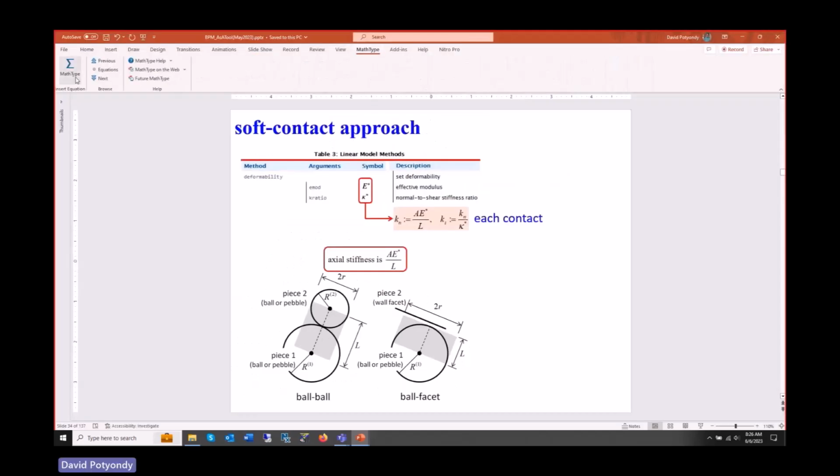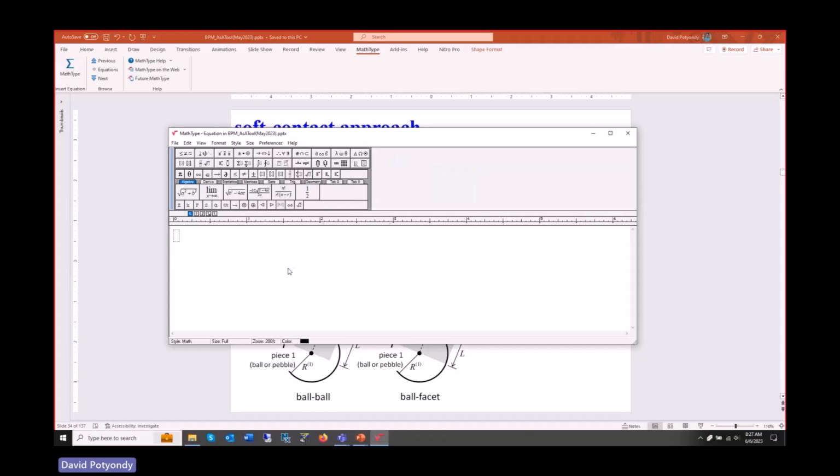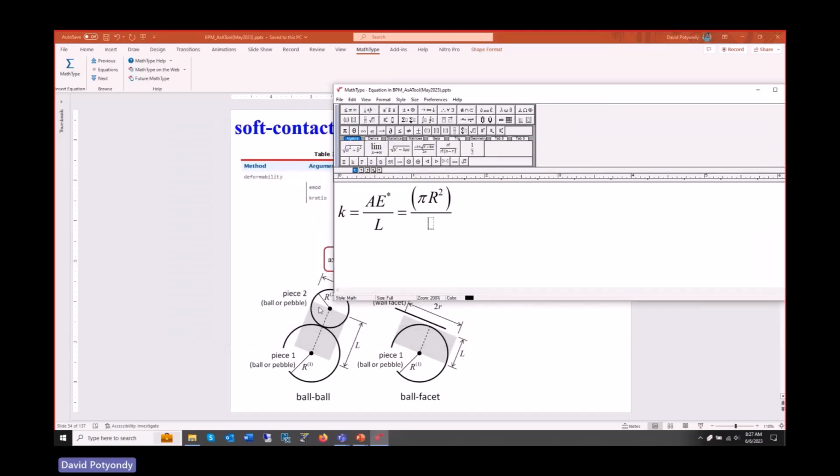Why is that? Let's just do a quick thing here. I don't have a blackboard, so I have to do this. Stiffness equals A E, E star, the equivalent modulus over L. Now, if I have a cylindrical cross section A and the disk radius is R, the minimum R, this is going to be pi r squared, the cross-sectional area of that cylinder.